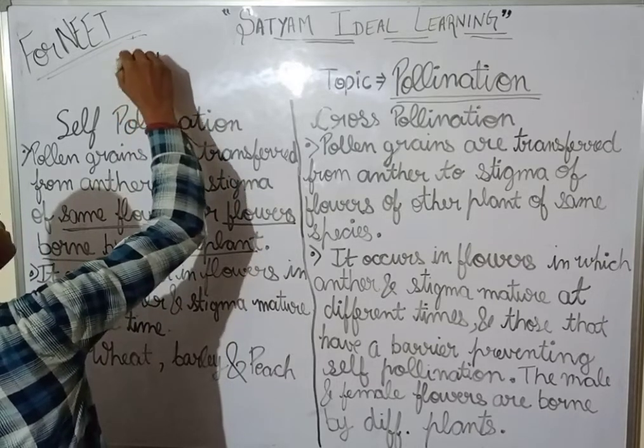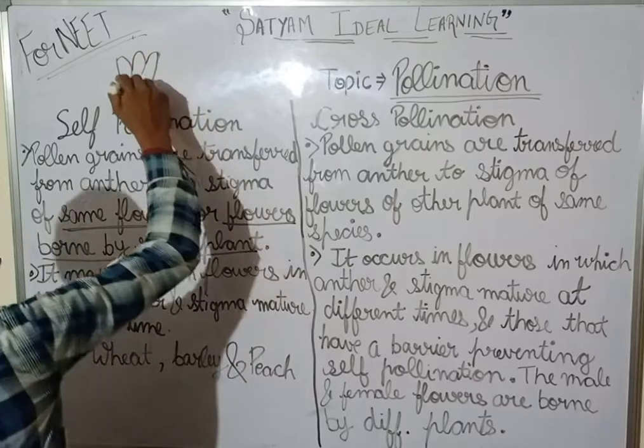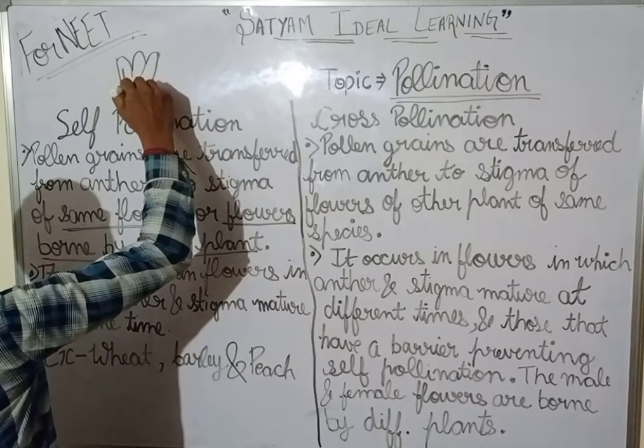I am drawing just an example: if this is a flower, this is the anther and this is the stigma.